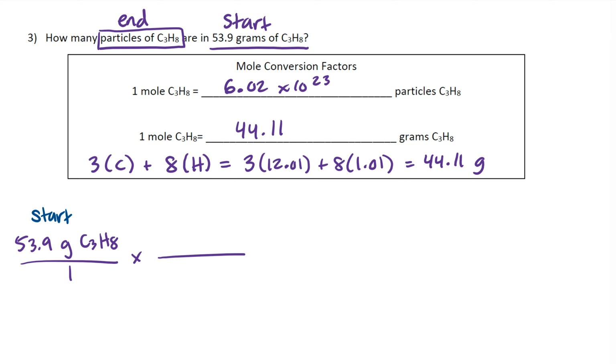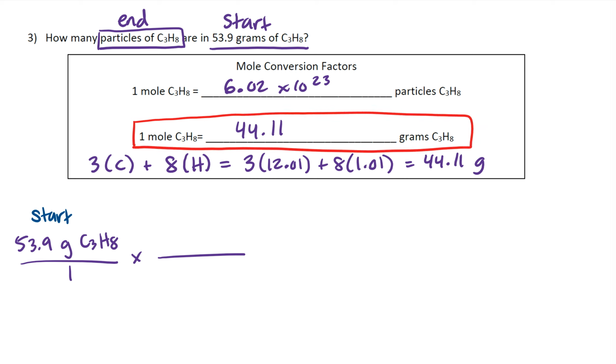So let's just take a look here. I identify that the second conversion factor has the word grams in it. And so again, following my color scheme, I'm going to put a box around that conversion factor. And we are going to put the 44.11 grams C3H8 in the denominator because I know that has to cancel.